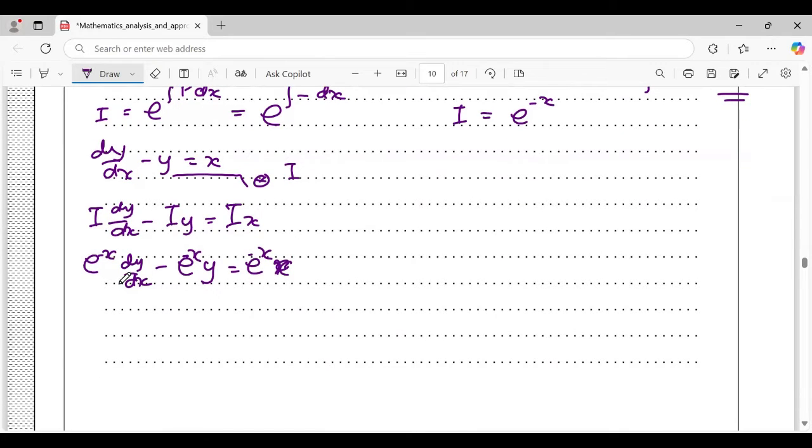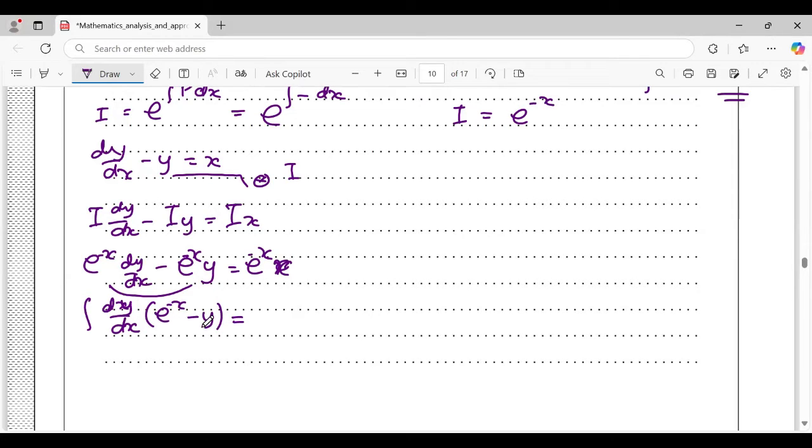This term is the left hand side, and this one is the right hand side. The left hand side is the integral dy dx of e power minus x y, equals this one.